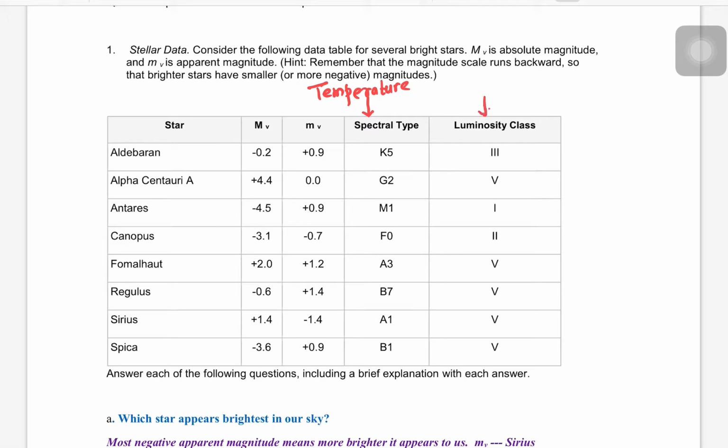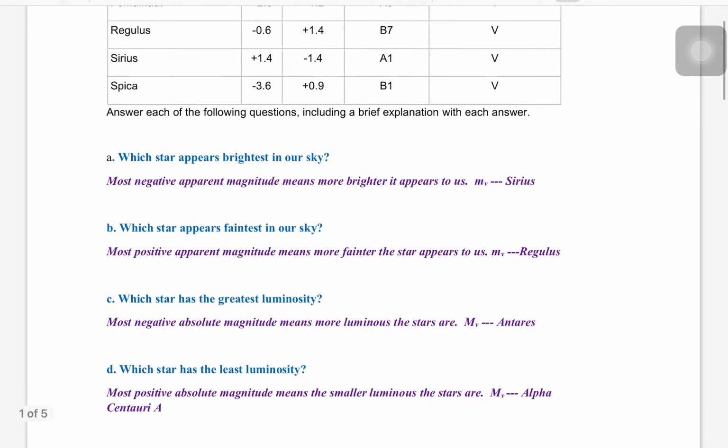And luminosity class tells you about the size of the star, how big the star is. Okay, so let's answer all the questions here.